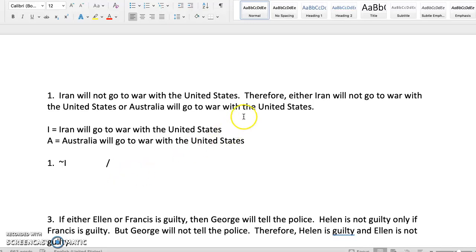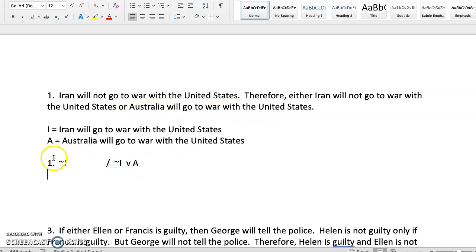So our conclusion here is either Iran, so notice either or here, so our conclusion is a disjunction. First disjunct, either Iran will not, so again, it's either not I, or, here's our or, Australia will go to war, so that's just plain old A, all right? So that's our premise, conclusion. Can put a line under that to separate it from the rest of the derivation. This is a very obviously straightforward derivation.